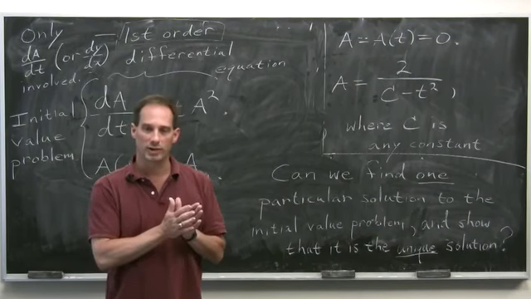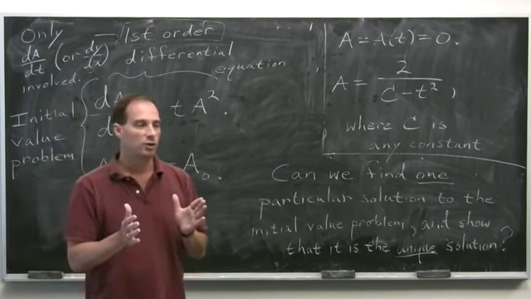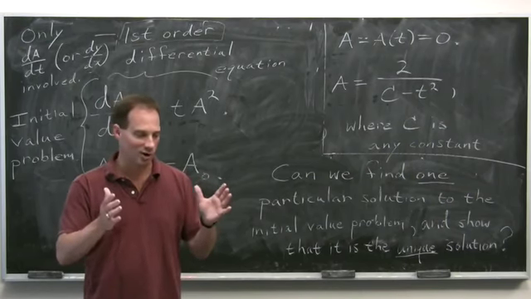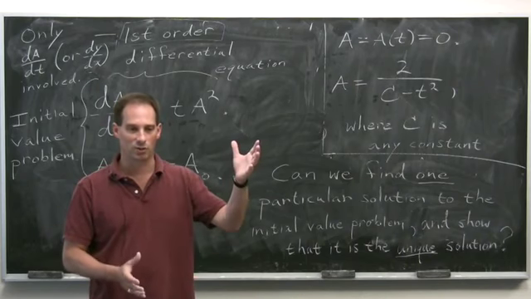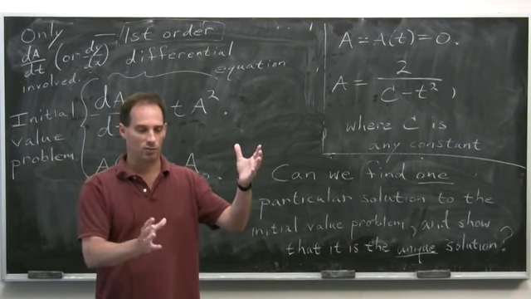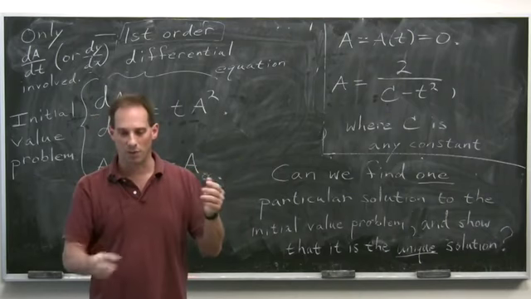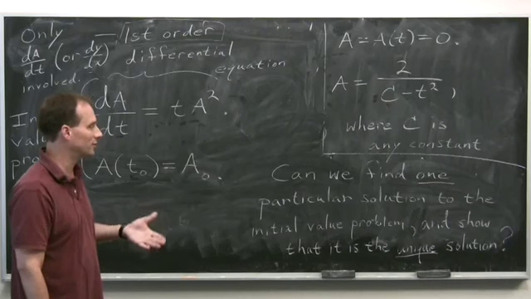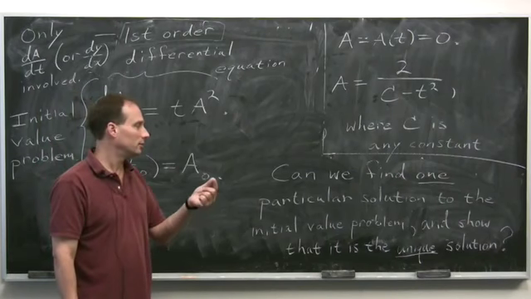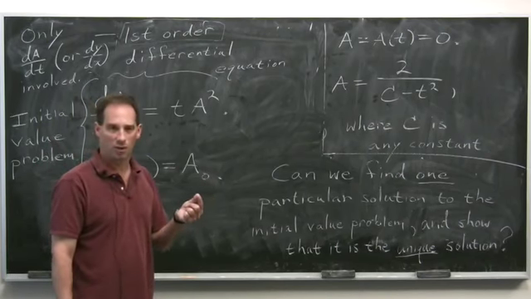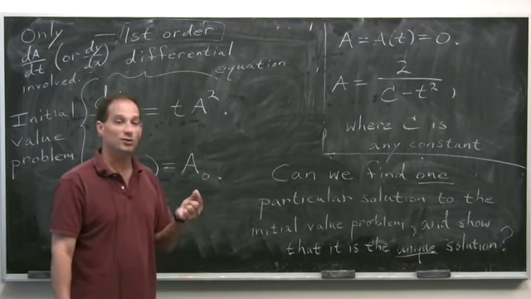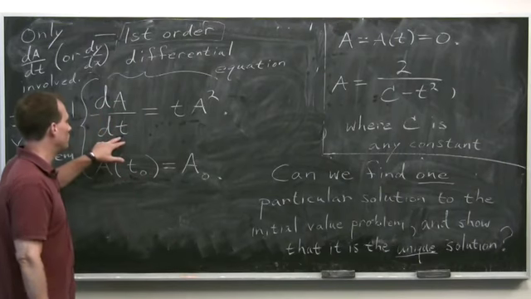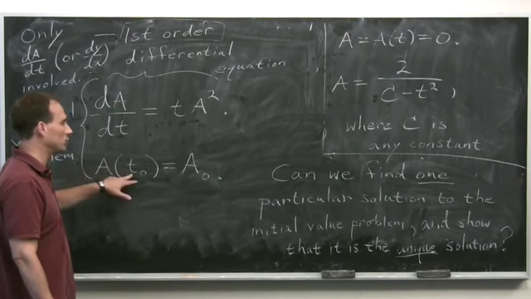Well, that means there should be a unique solution to the initial value problem. You don't want some kind of uncertainty principle in solutions to your differential equation, that if I have this differential equation and I start with this data, maybe this happens or maybe this happens. We don't want that. In physical applications, you typically want to know that if you've got an initial value problem describing your physical situation, there's a unique solution, at least for a little while, for some time interval around your initial time.